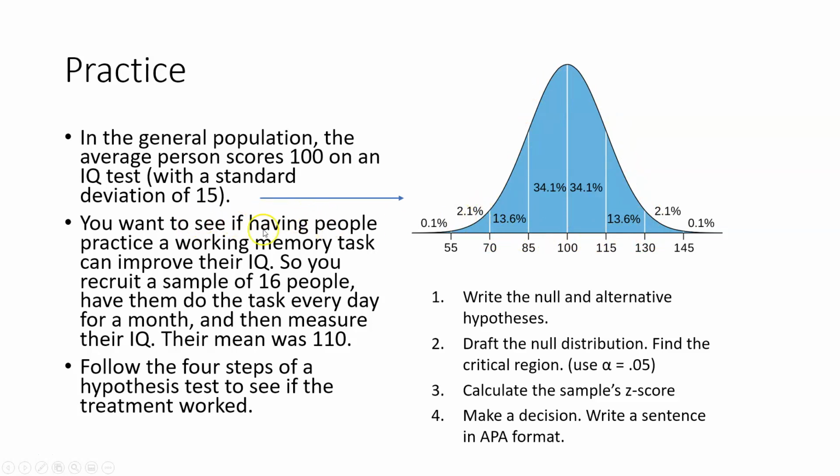You want to see if having people practice a working memory task can improve their IQ. So you recruit a sample of 16 people, have them do the task every day for a month, and then measure their IQ. Their mean was 110.